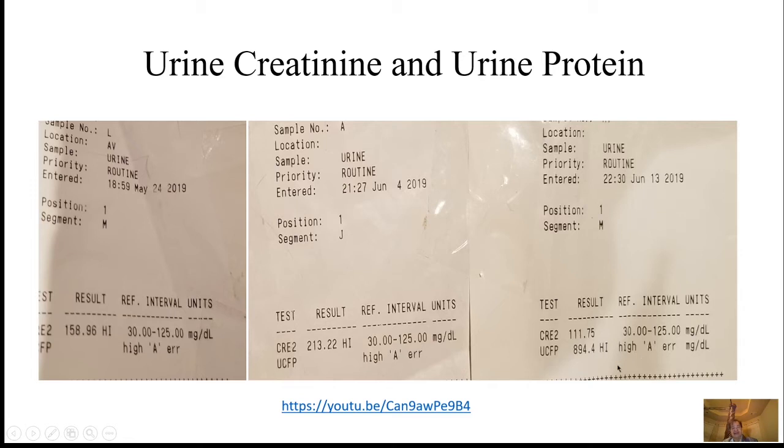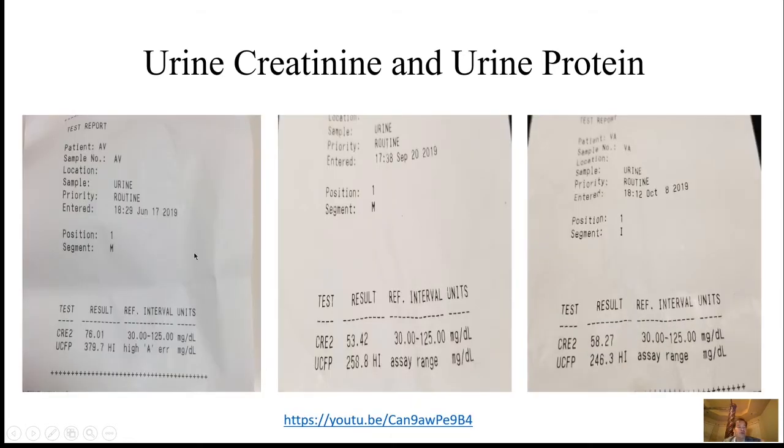It is still very high on the 12th day. But on the 16th day, June 17, 2019, the creatinine also reduced to 76. Urine protein is reducing from 890 something to 379.